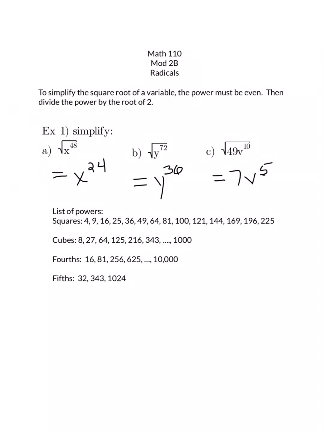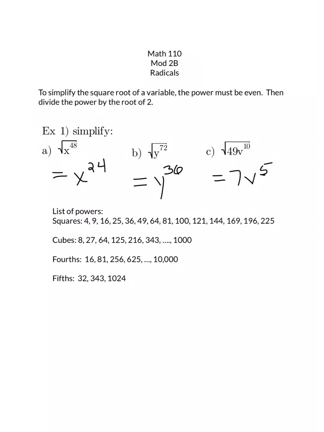I have given you a list of powers starting with the squares, the cubes, and the fourths and the fifths. They are in order. On the squares, it's 2 squared, 3 squared, 4 squared, so on. You should know all of those numbers up through 15 squared, which is the 225. The cubes, the ones you are going to see the most, are 2 to the third through 7 to the third, and then 1000 is 10 to the third.